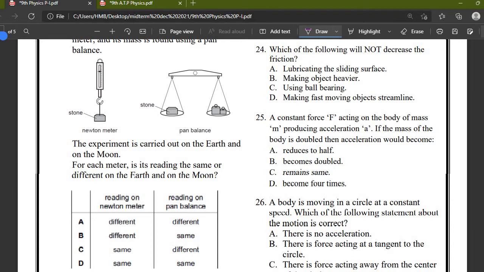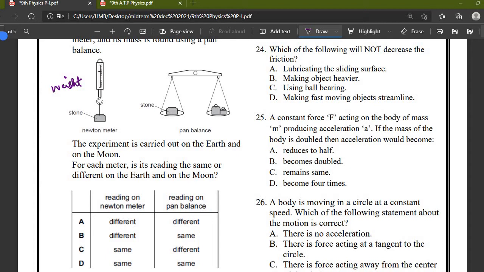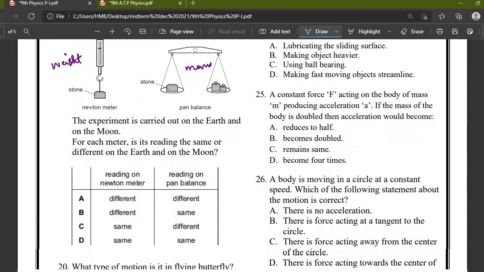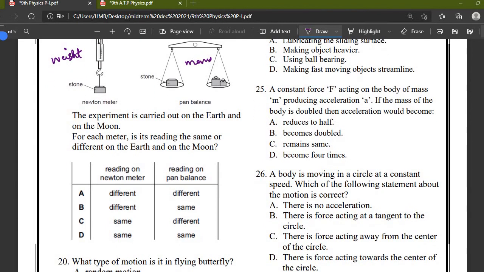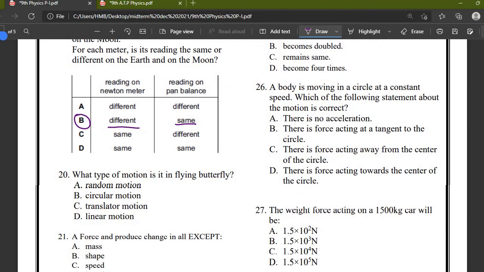So as we know, the Newton meter can be used to measure the weight, and the pan balance is used to measure the mass of the body. So mass is a universal constant while weight changes according to the gravitational acceleration. So the pan balance will have the same reading while the Newton meter will have a different reading on the surface of the Moon. So option B is the right answer.